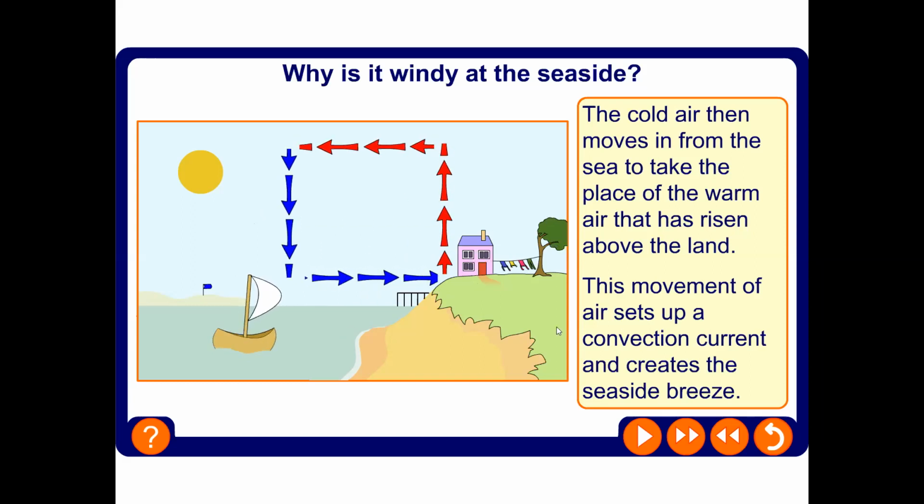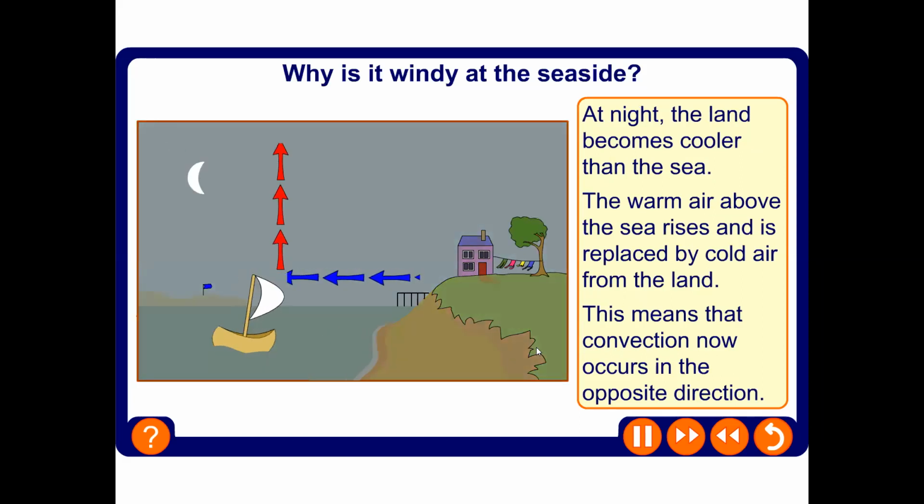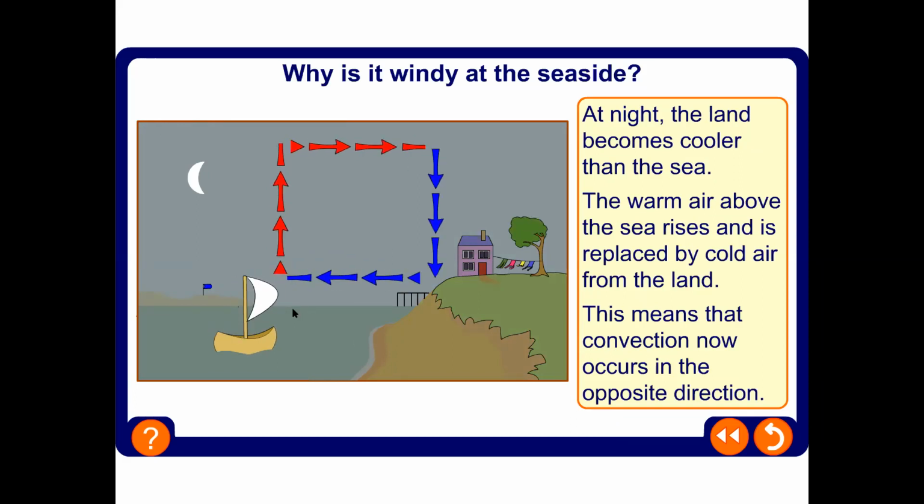Now, it's very interesting to know what happens during night. It's exactly the same process, but the other way around this time. At night, the land becomes cooler than the sea. Because the water is warmer, that warms the air just above the water.